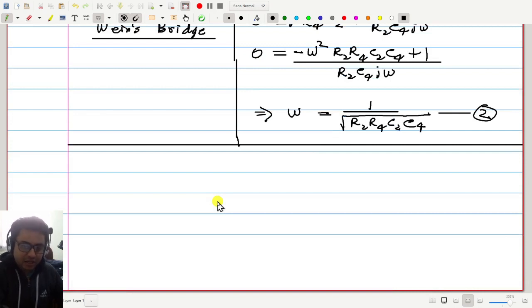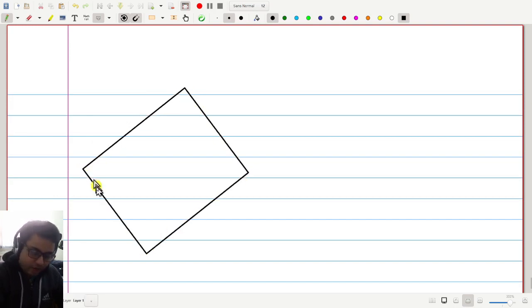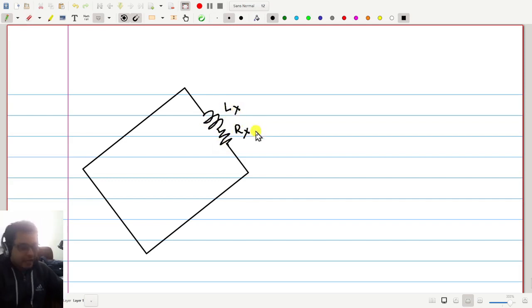Next, in the same way, now if I give you a task that you have a coil with unknown inductance and resistance, which we can model as this Lx Rx, and your task is to make a simple bridge to measure this. This is the unknown.